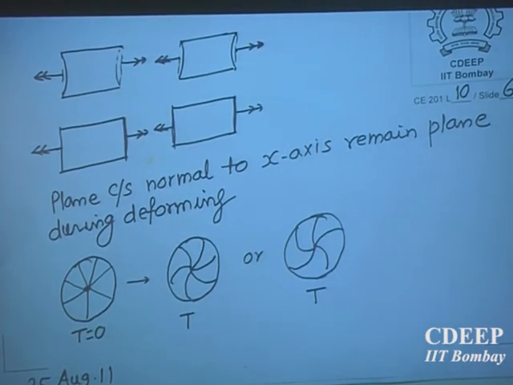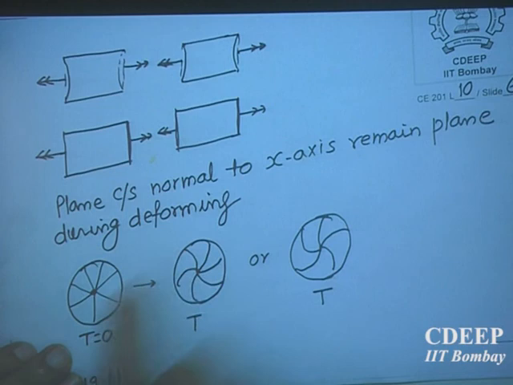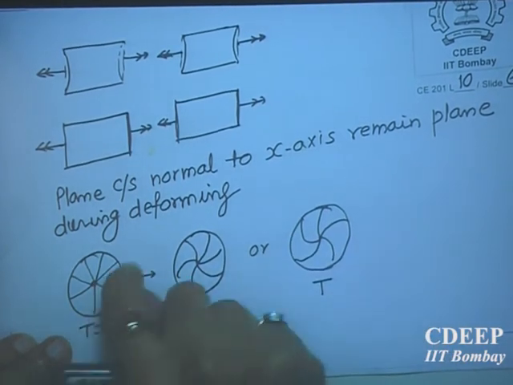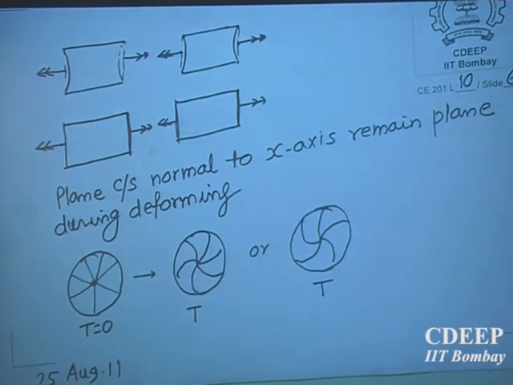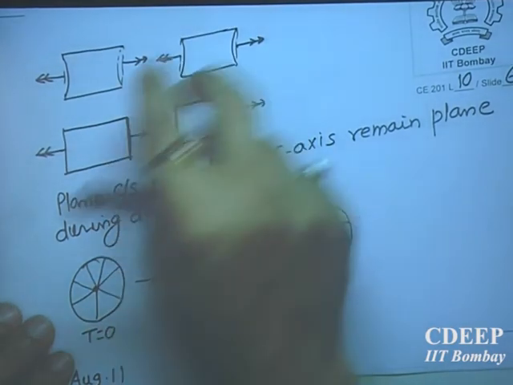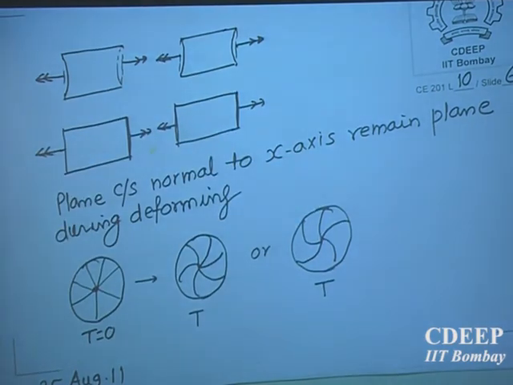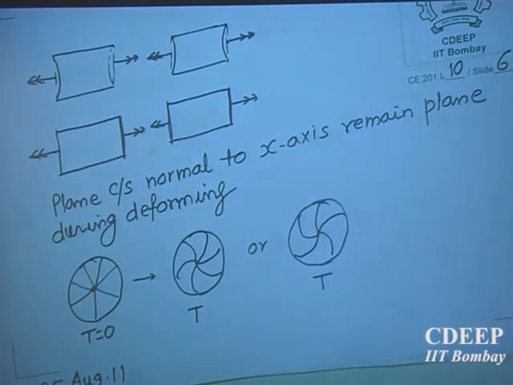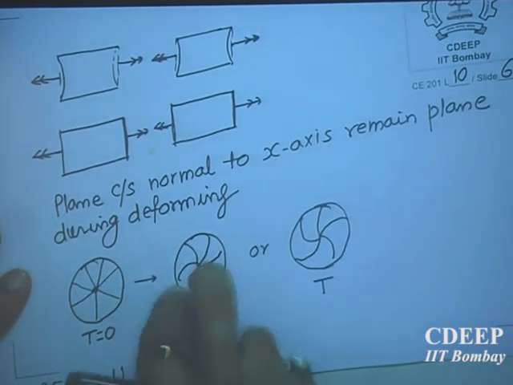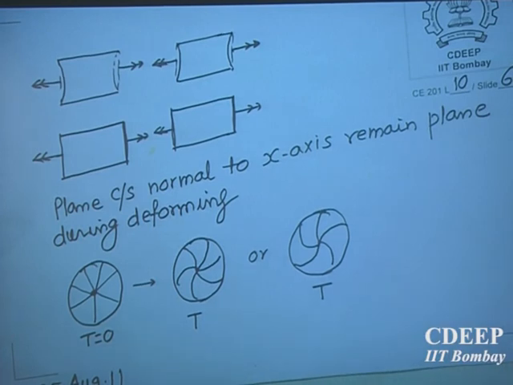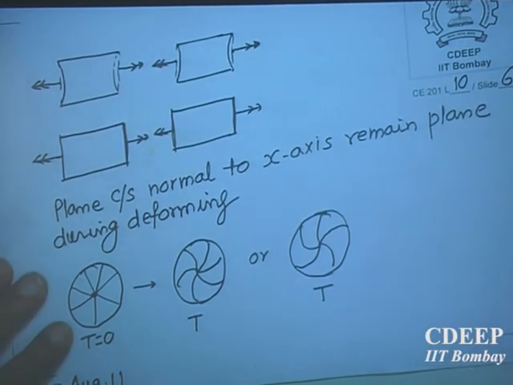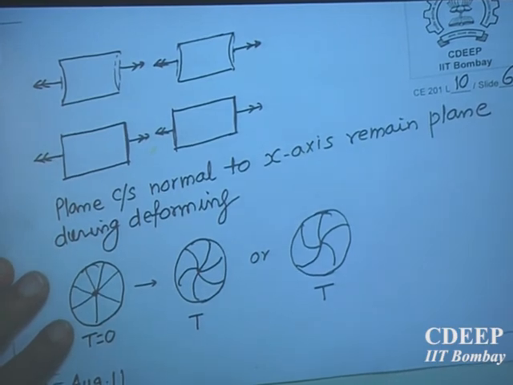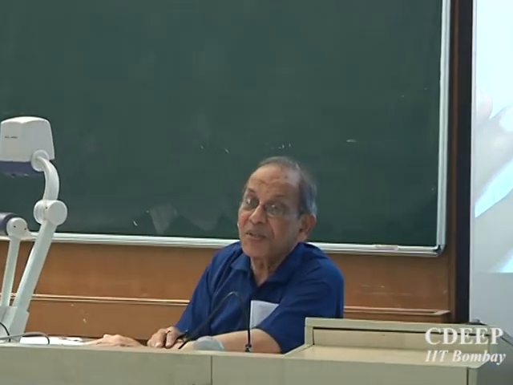Since they cannot be matched, it is not possible that these lines will deform like this or this. So, the only possibility is that the line will remain straight. When it is straight it can be fitted, but the moment you give curvature, they cannot be fitted. So, any radial line will rotate, but will remain straight, with no distortion of the radial line.